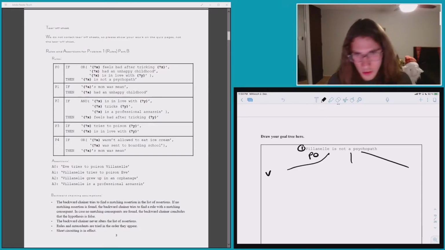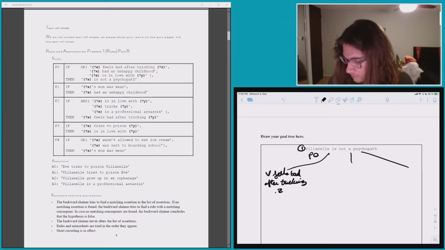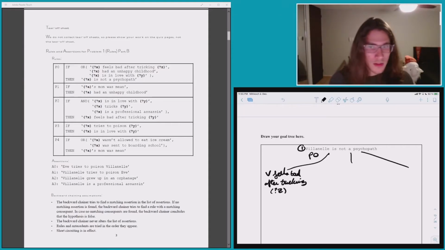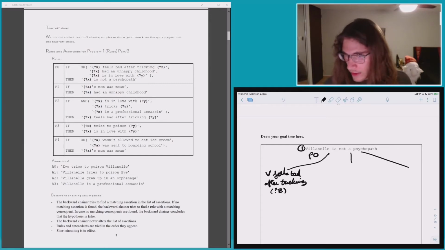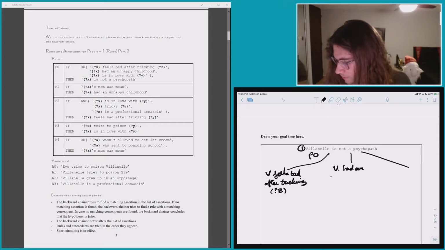Definitely not the ugliest one I've drawn. Okay, so Villanelle feels bad after tricking Z. Next we have Villanelle had an unhappy childhood. And then V is in love with Y.